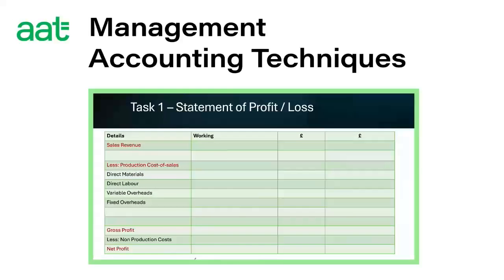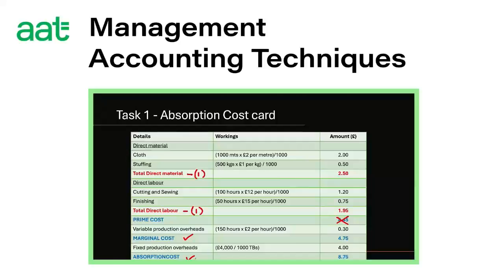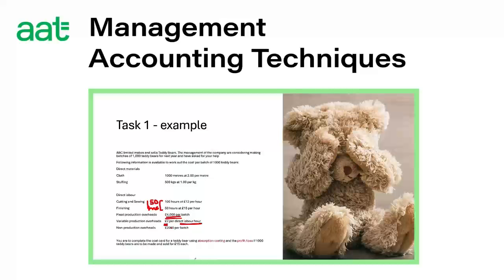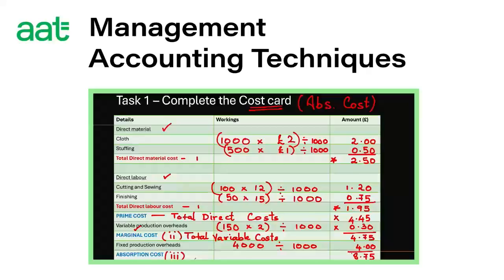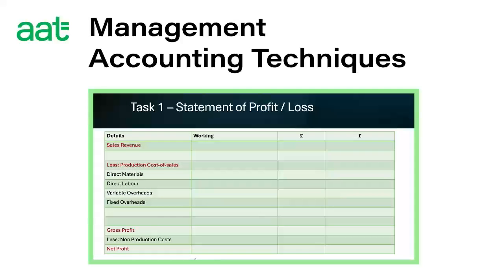Okay, so the second part of that question is to do a profit or loss statement. Or they might ask you to calculate the operating profit for the teddy bears and things like that. Many times students don't know how to do this bit, but of course you should have studied it as part of your revision or your learning.